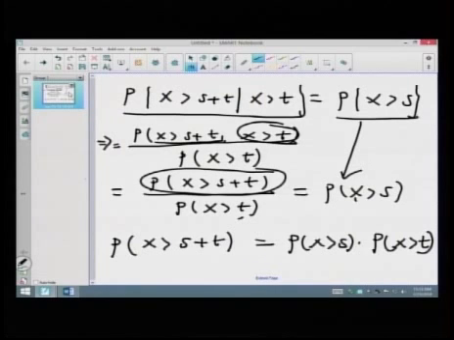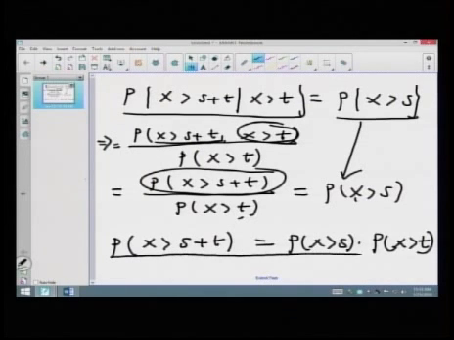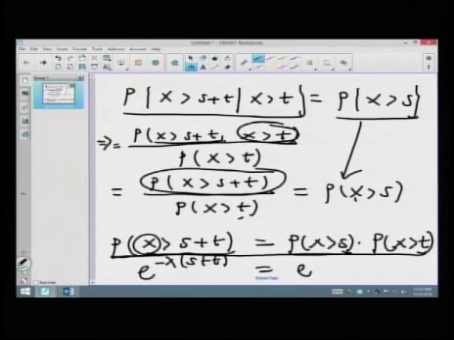And I also mentioned that this equation is satisfied if X is exponentially distributed. So this part is e to the minus lambda (s plus t), this is e to the minus lambda s, and this part is e to the minus lambda t.